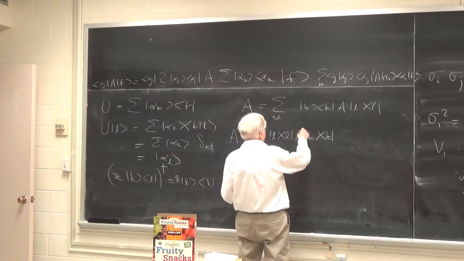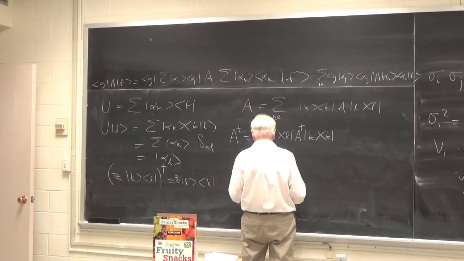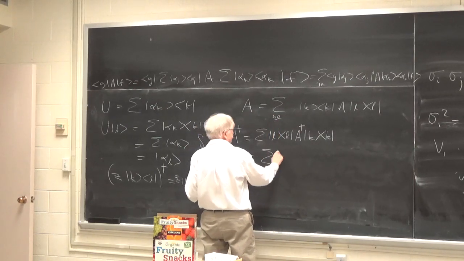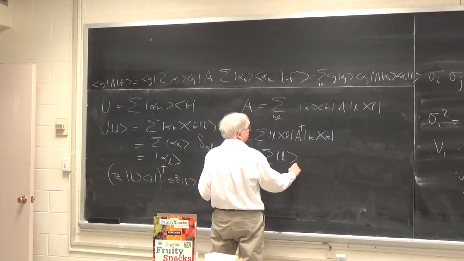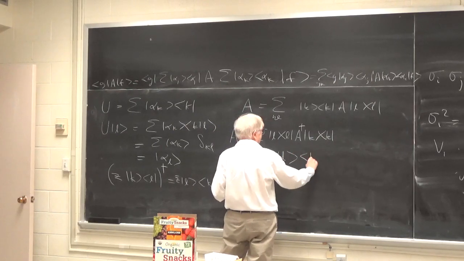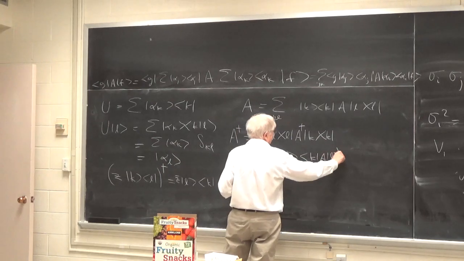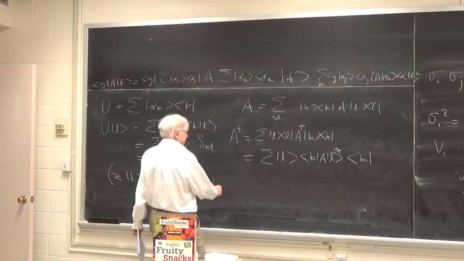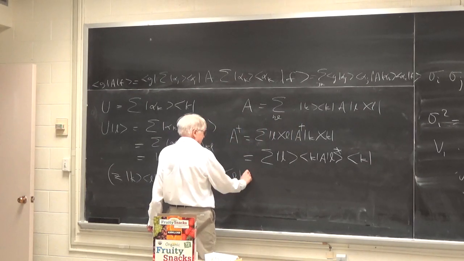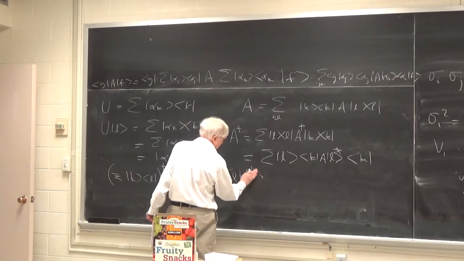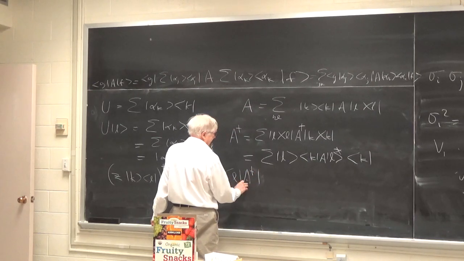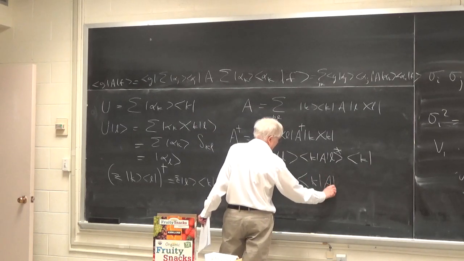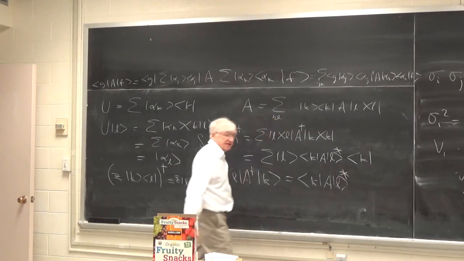Whoops, sorry. On the other hand, using our rule here, this thing is a sum over l, k of <k|A|l> complex conjugate times |l><k|. And so now we get the important relation just directly from Dirac notation, that <l|A dagger|k> is just <k|A|l> complex conjugate.